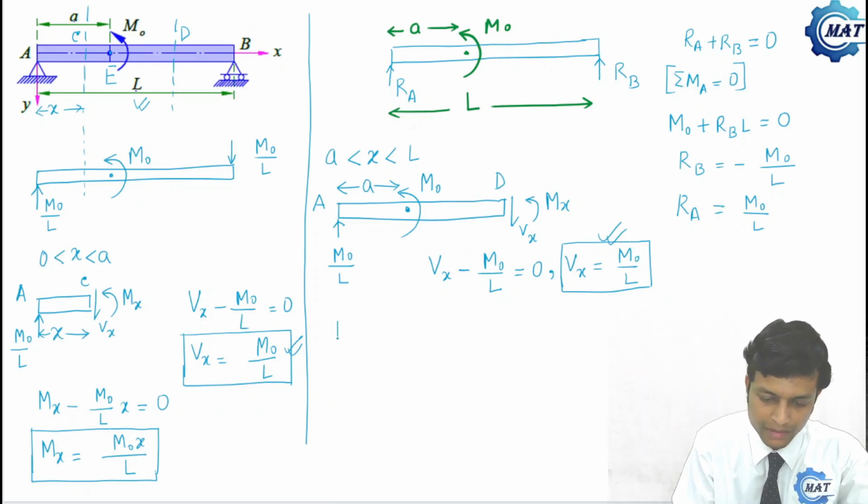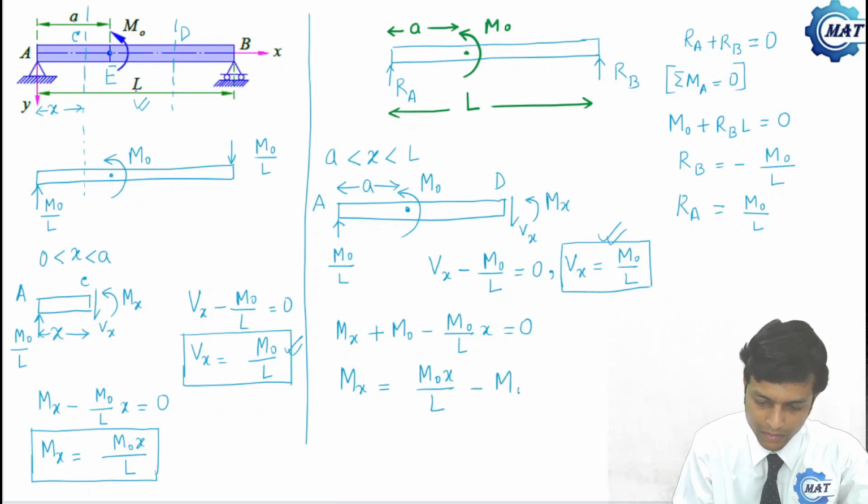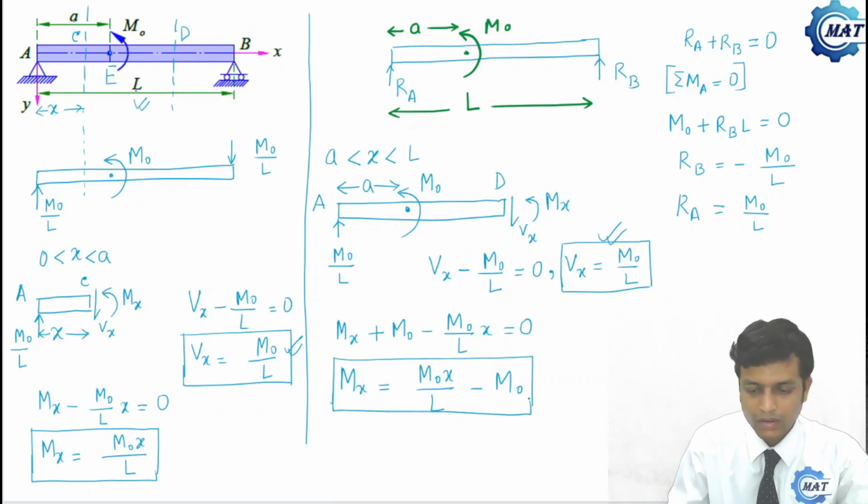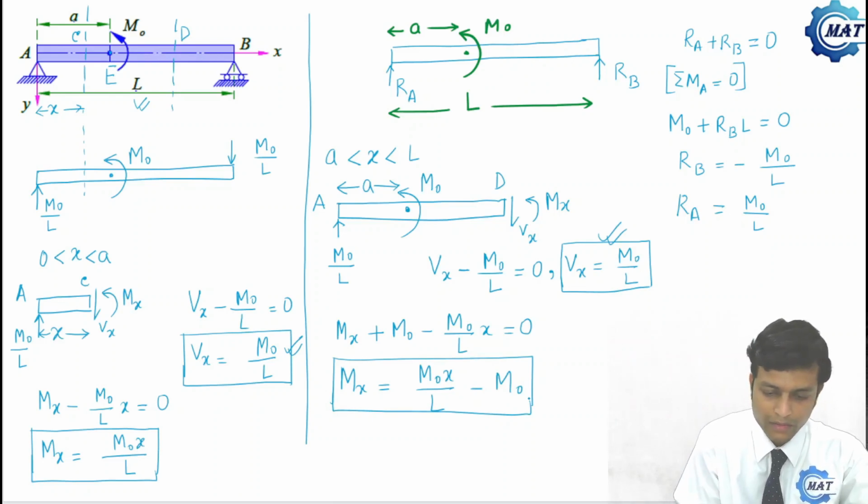Now what is Mx? Mx plus M0 minus M0 by L into x is 0. That is Mx is M0 x by L minus M0. So we got all the expressions for shear force and bending moment. Now let me write it down on the next page.